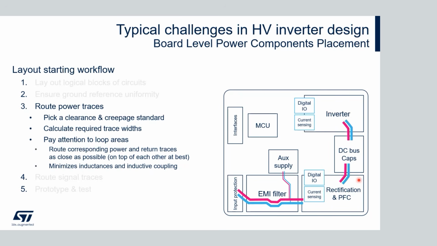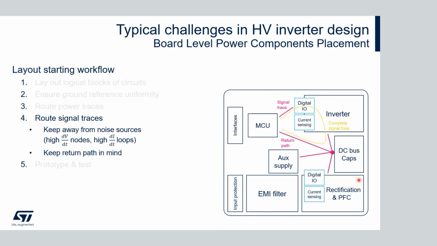This is important to reduce the noise radiation from these traces, because the smaller the loop area, the smaller the inductance of this loop, and the smaller the magnetic coupling to the neighboring circuits. It is best to route these traces on top of each other, if possible. If not, then as close as your clearance and creepage standards allow.